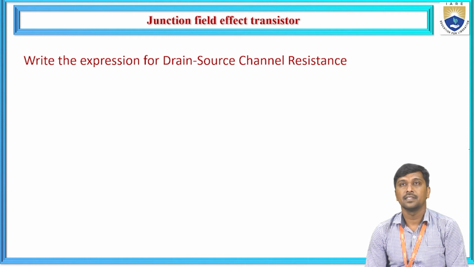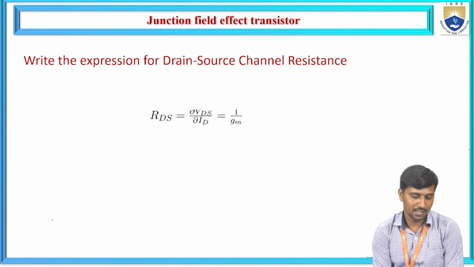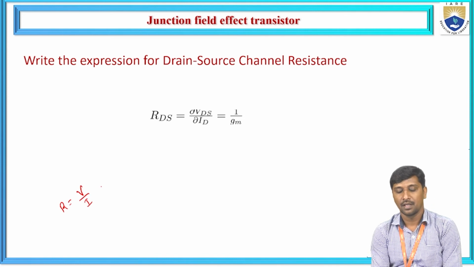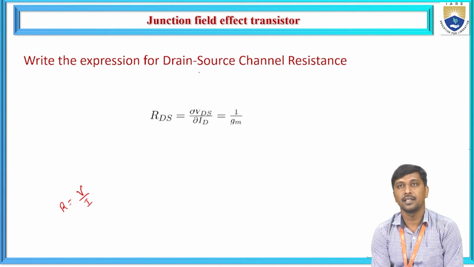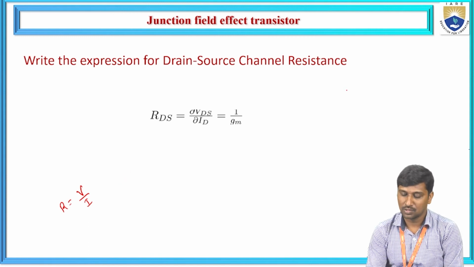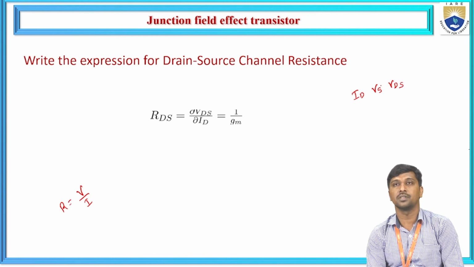Then write the expression for the drain source channel resistance. Generally, as per Ohm's law, resistance R is defined as the ratio of voltage to current. Now we are going to identify the drain source channel resistance from the drain characteristics. The drain characteristics are drawn between drain current versus drain to source voltage.